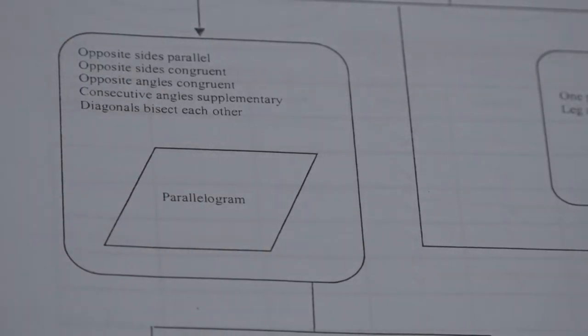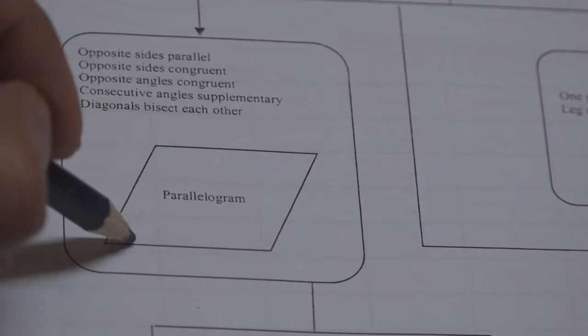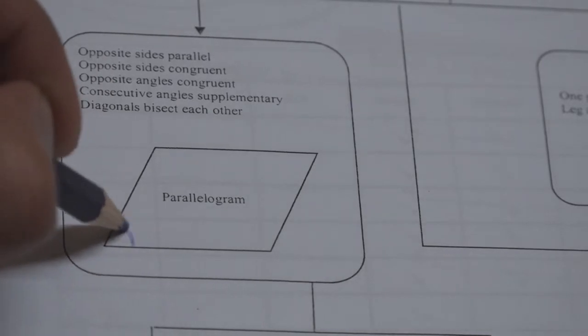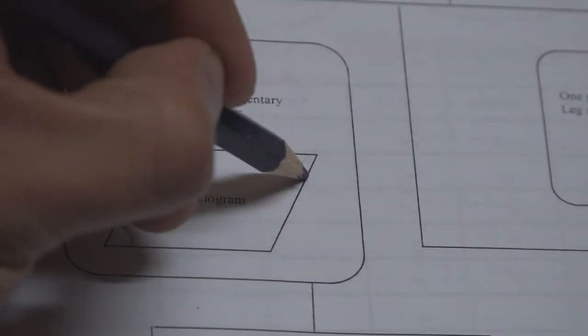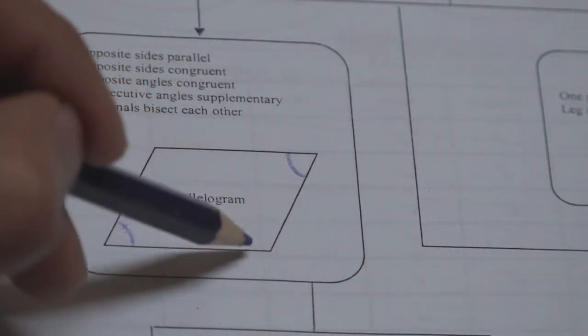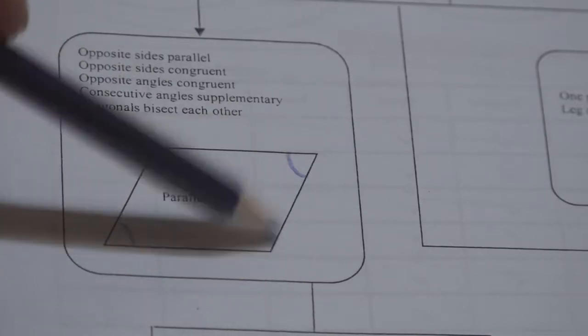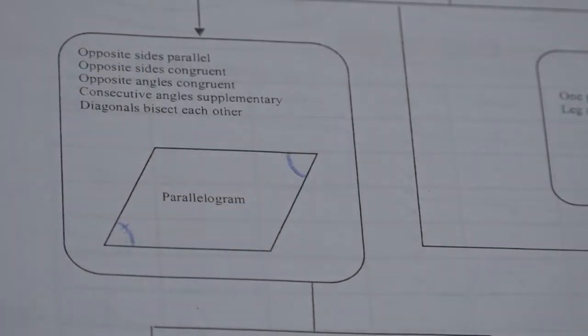What else? Well, opposite angles are congruent. When they say opposite angles, they mean this angle right here being congruent to this angle right here, or this angle to this angle. Those are opposite. In other words, not on the same side or non-adjacent. Got it? Okay then. What else?